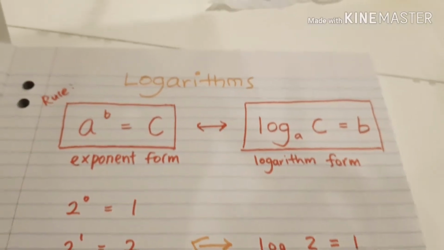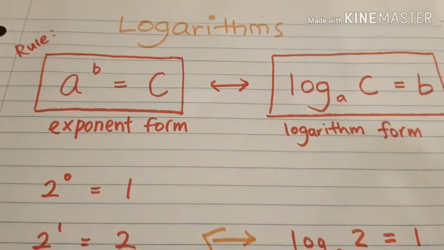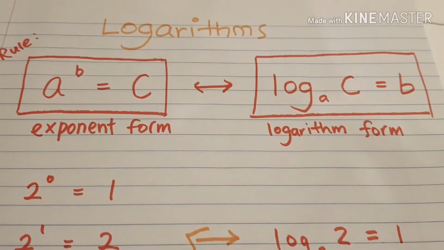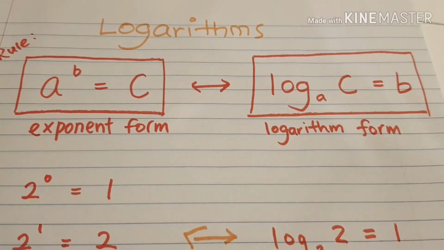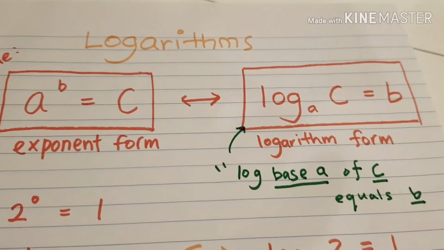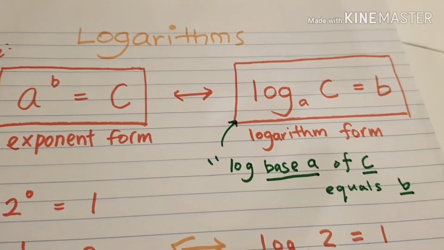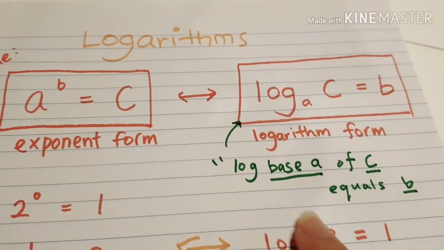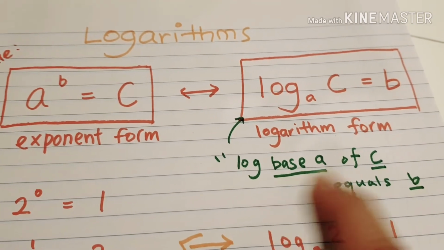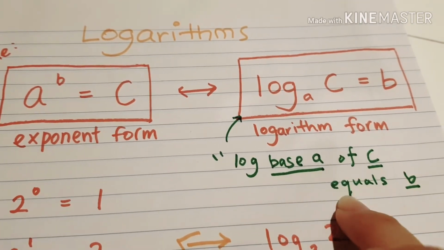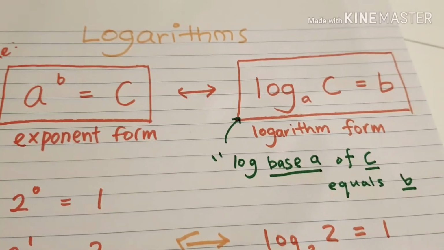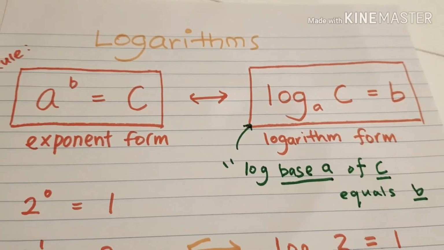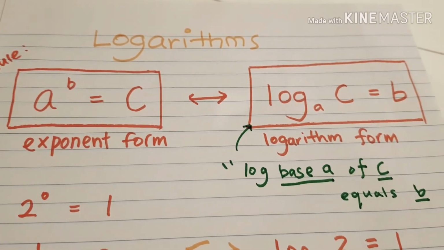I want you to learn this rule and make sure you know how to apply it. And if you want to know how to read the logarithm form, the base a, log base a of c equals b. This is how you read the log form.